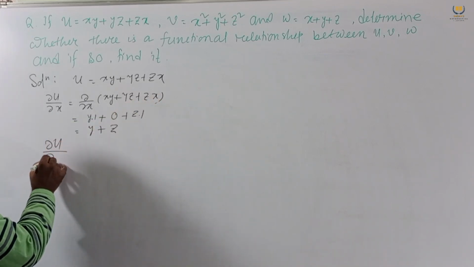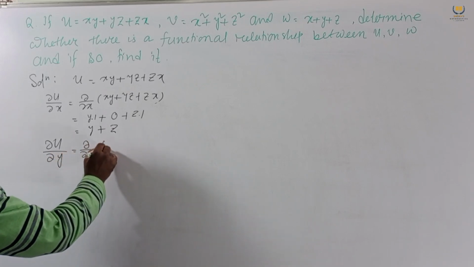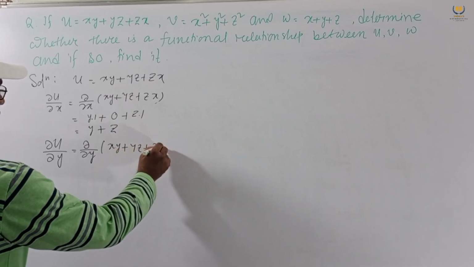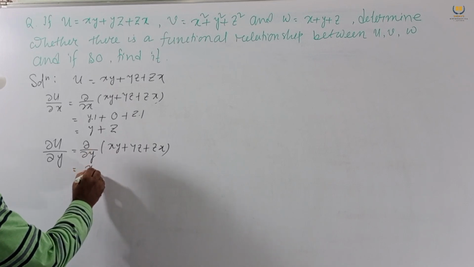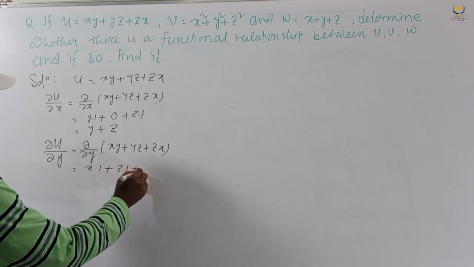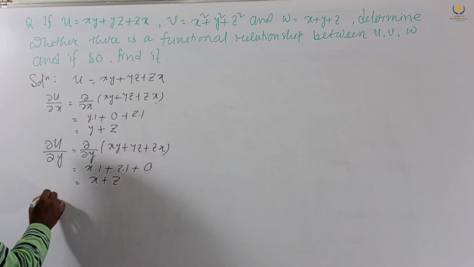Del u by del y: xy plus yz plus zx, x is constant, del y is 1, this is 0, z constant, del y is 1, and we get x plus z.